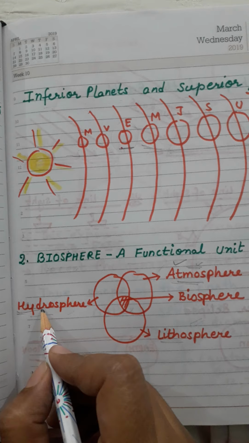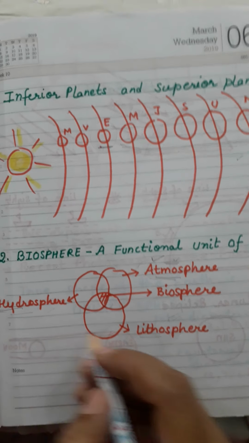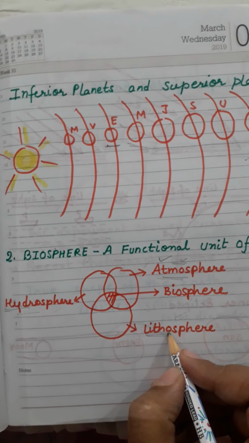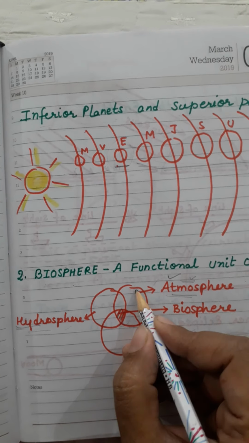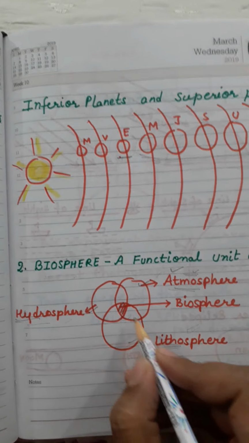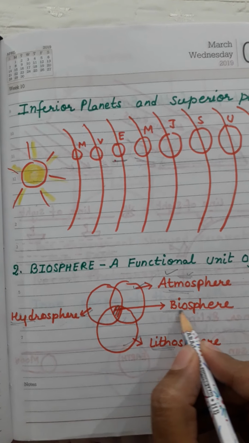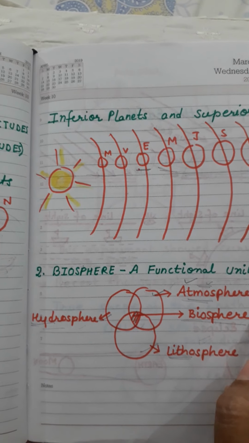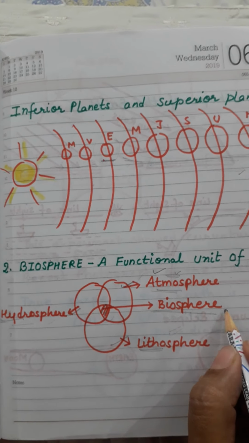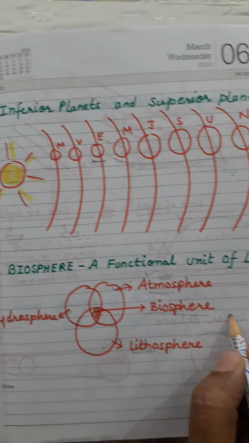Hydrosphere stands for water. Lithosphere stands for land. The interconnected part between these three domains is called the biosphere. The biosphere is the home for all living organisms on our earth.